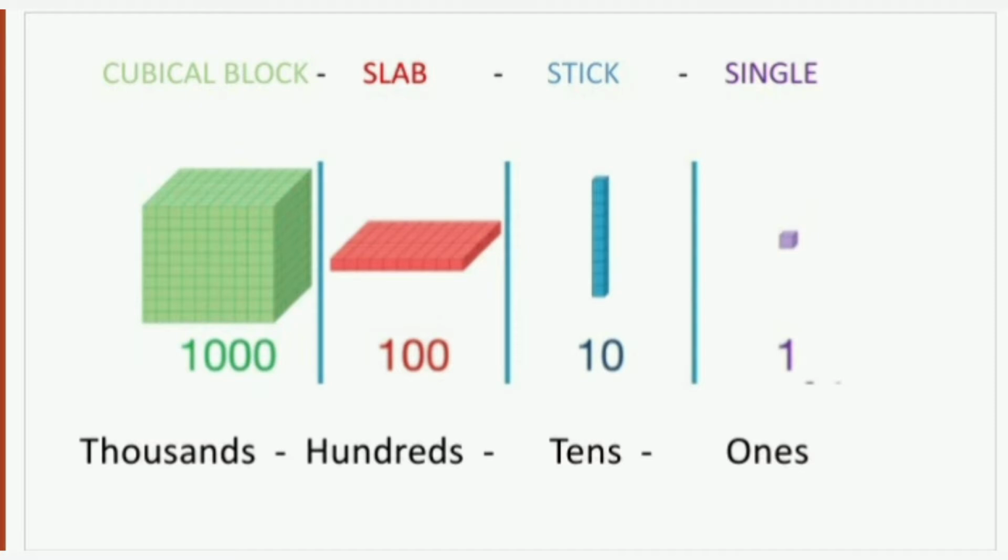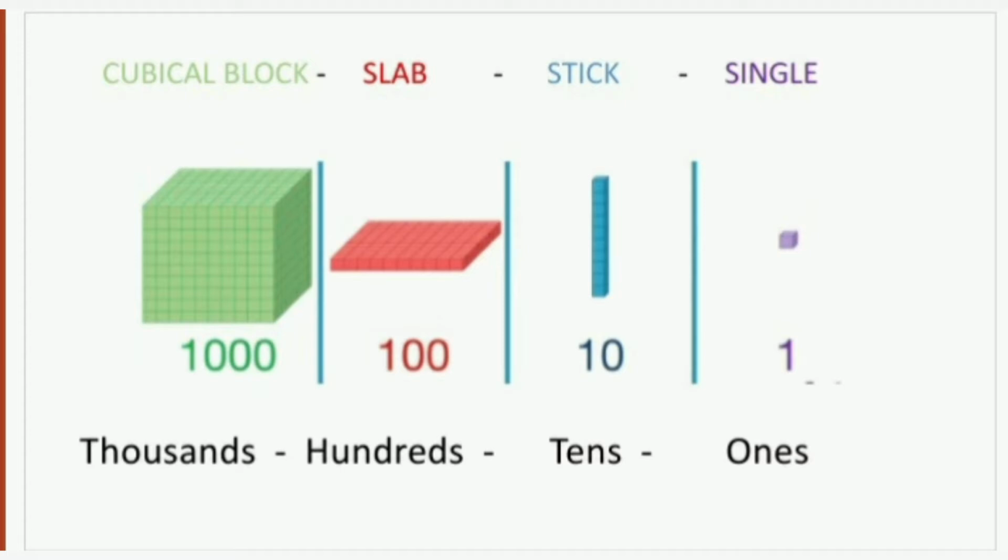Now children, look at this slide. We are going to use words for the shapes shown over here. For example, if a single cube is given, I will say single or ones.